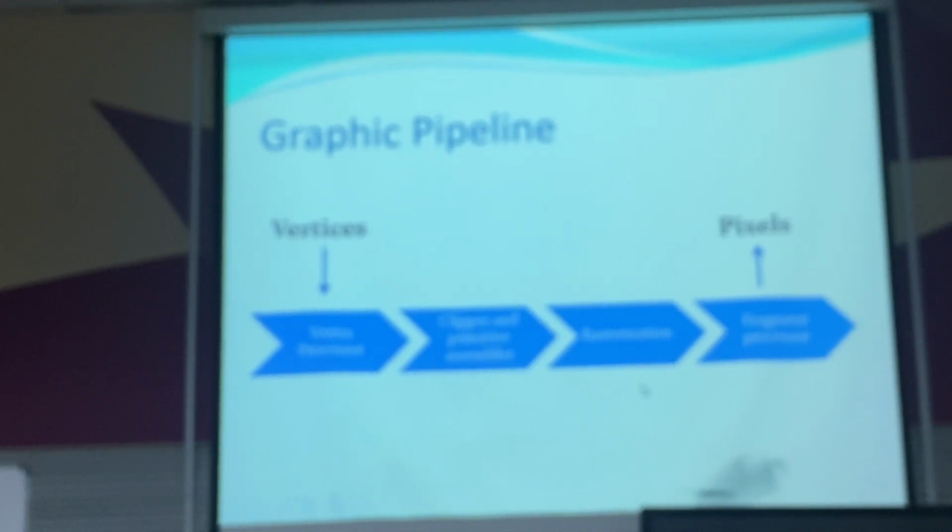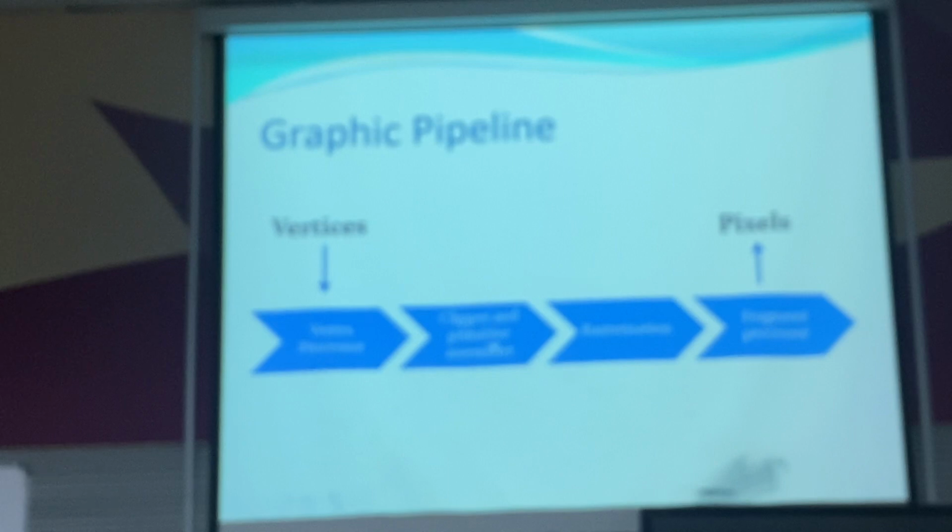Then you go through these 4 components. At the end, what you see on the screen will be pixels, the dots on the screen. You need to know one by one what is happening inside these 4 components, what tasks they perform, and you have to memorize them.